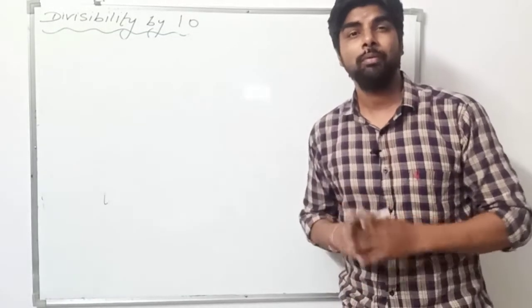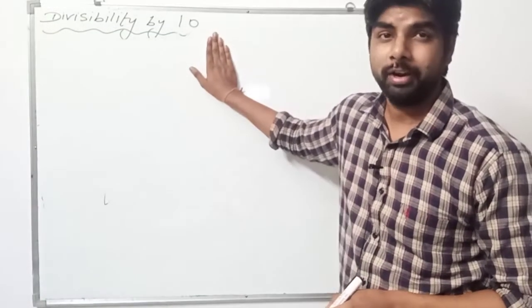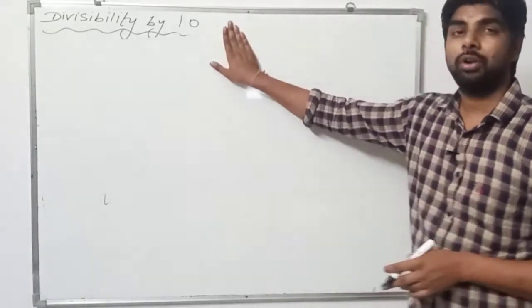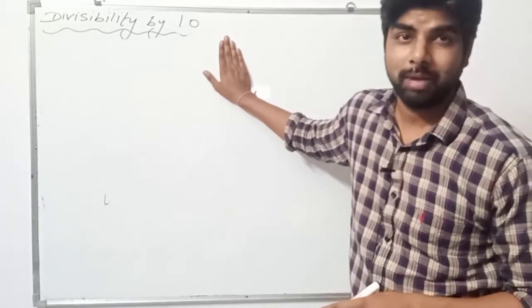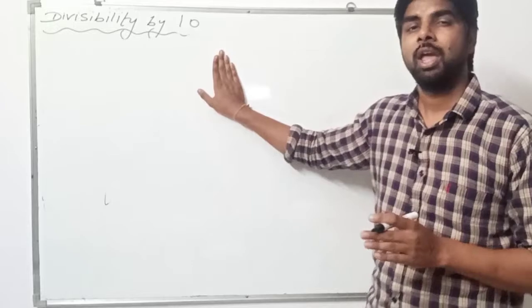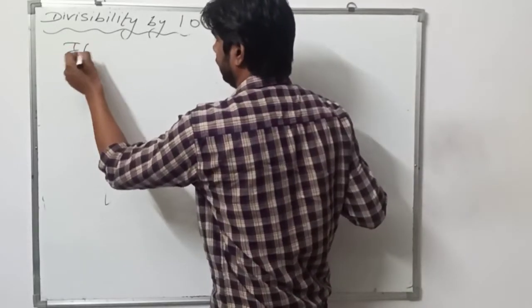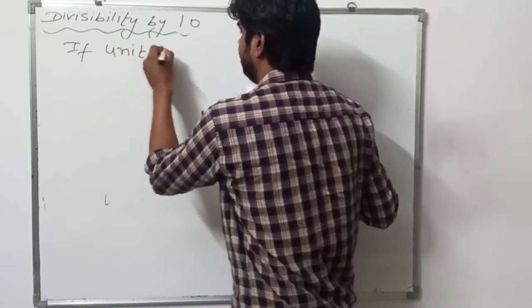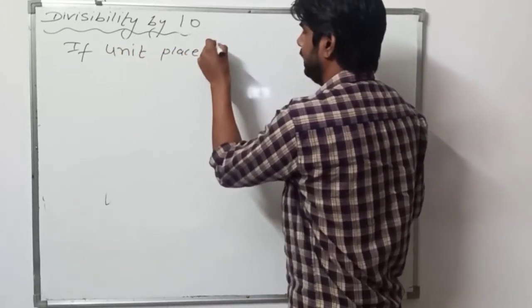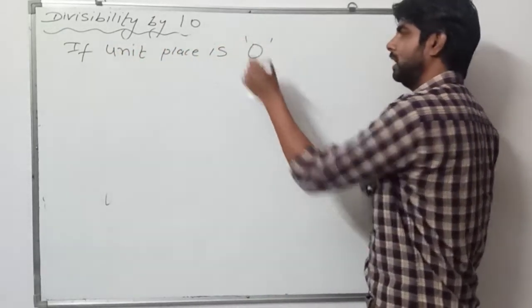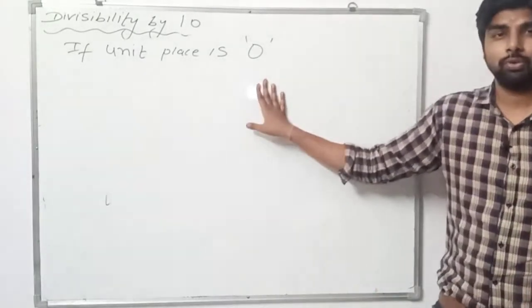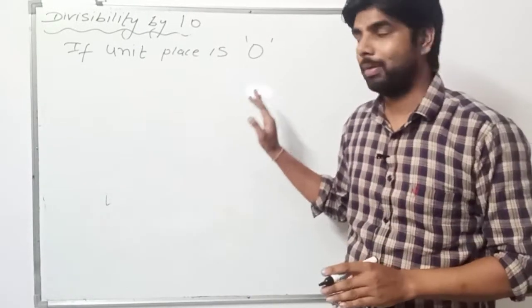Now we will learn the divisibility rule for 10. In order to find out whether a number is divisible by 10 or not, we have to check only its unit place. If the unit place of a number is 0, then that number is fully divisible by 10.